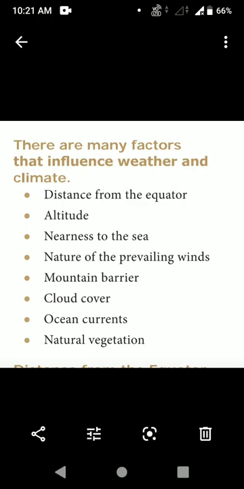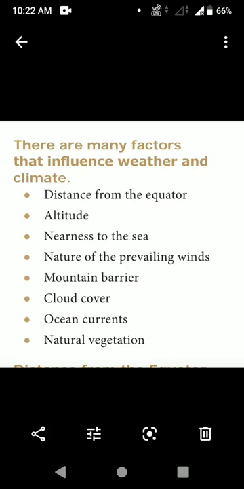Due to the spherical shape, near the poles and far away from the equator, the sun's rays fall slanting. But on the equator, the sun's rays fall vertically. So the vertical rays heat up the earth more than the inclined rays. Thus, the places near the equator are warmer than the places far away from the equator.